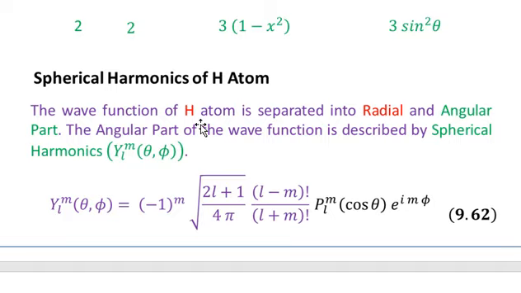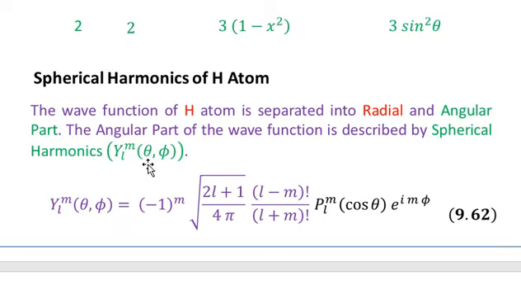The wave function of the hydrogen atom is separated into the radial and the angular part. The angular part of the wave function is described by the spherical harmonics represented by YLM, depending upon two variables theta and phi. It is actually the same function capital F that we have been using, but now we are replacing it with the inclusion of the normalization constant.